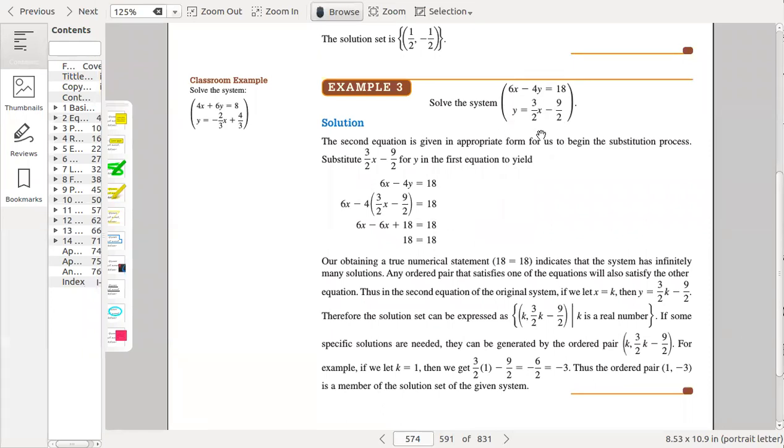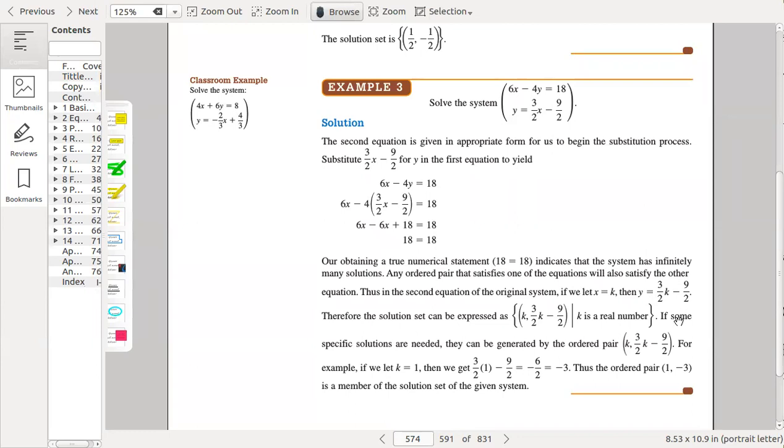So that is why you can suppose x is equal to k, where k is a real number. So k could be a fraction, or could be an integer like this one. Then you will have a value of y, 3 by 2 k minus 9 by 2.